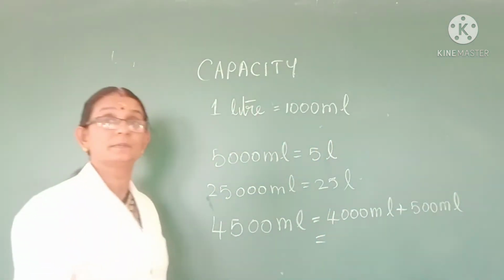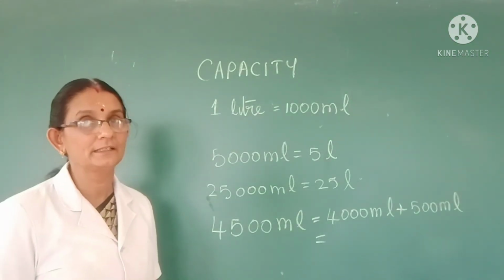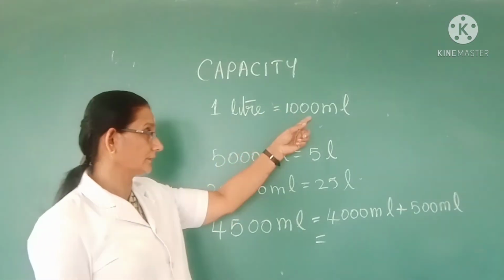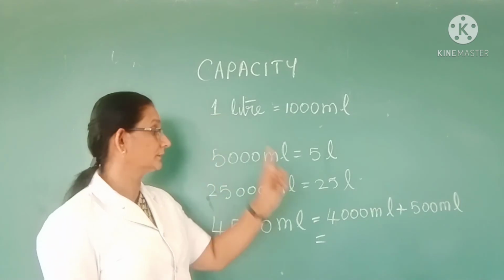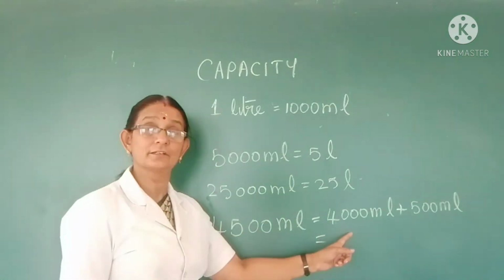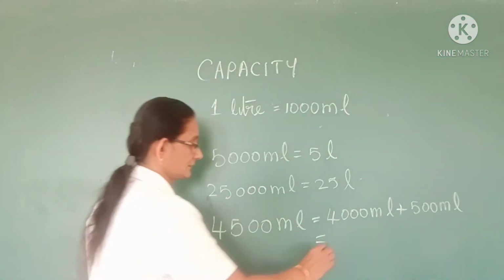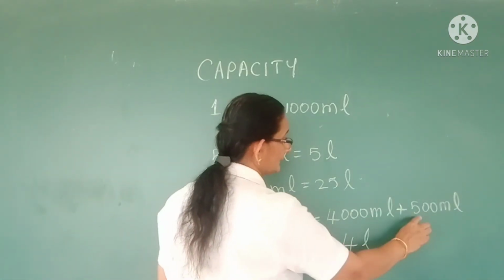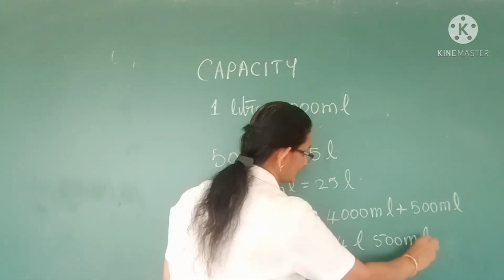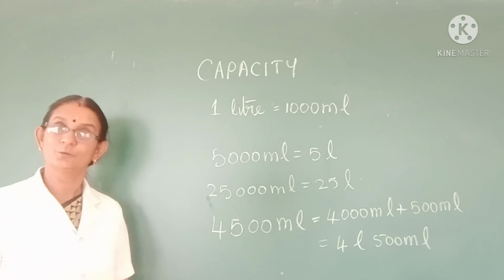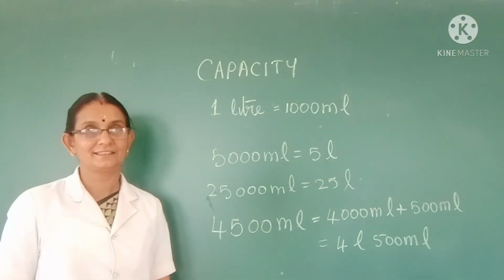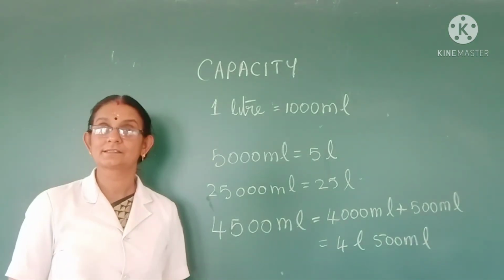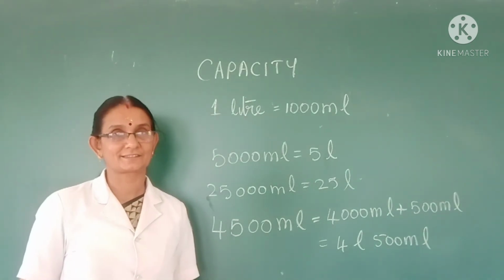And 4000 milliliters is equal to how many liters? Yes, 1000 milliliters is equal to 1 liter. So 4000 milliliters is equal to 4 liters. So 4 liters and 500 milliliters. Okay children, I hope you have understood how to convert milliliters into liters and milliliters. Okay?